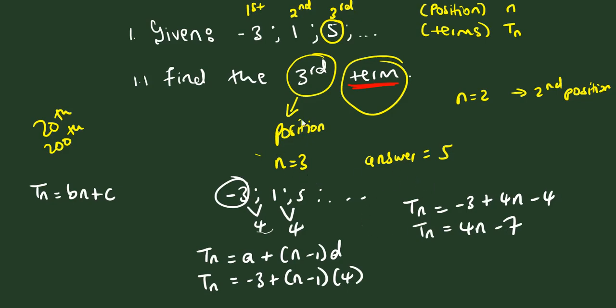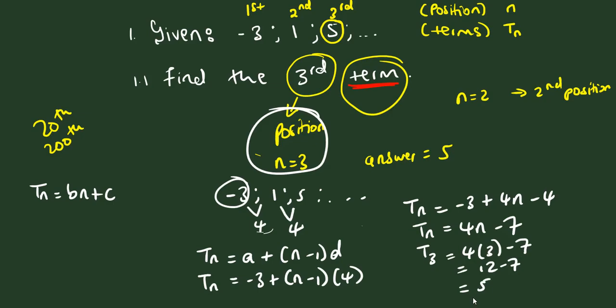Now which term do you want? You want the term in the third position. It means n is equal to 3. Where you see n, you put 3. So T3 is equal to 4 times 3 minus 7, and this is 12 minus 7, which gives you 5. So we said the answer is 5 in the beginning.